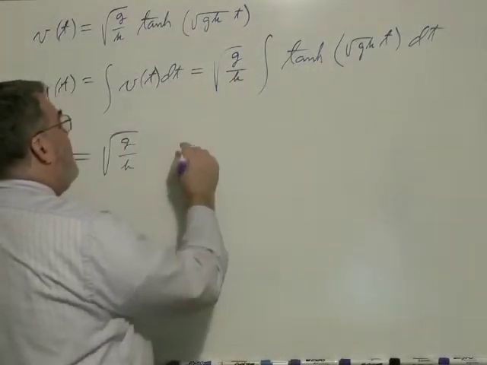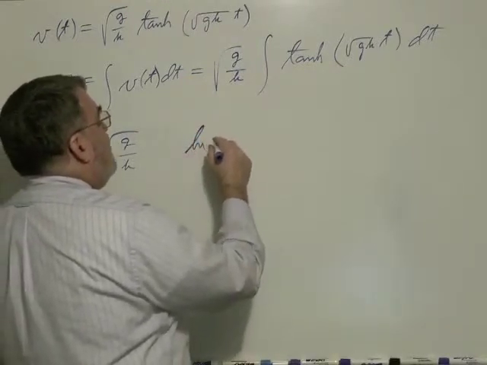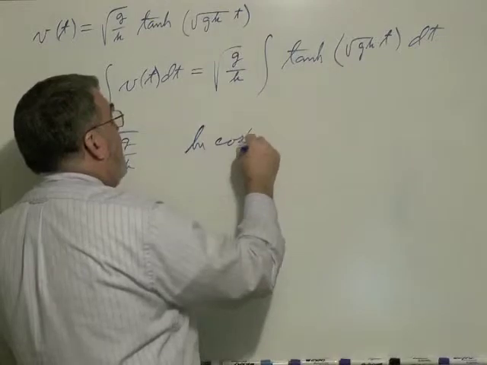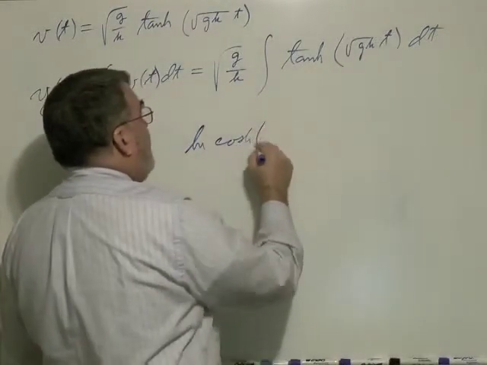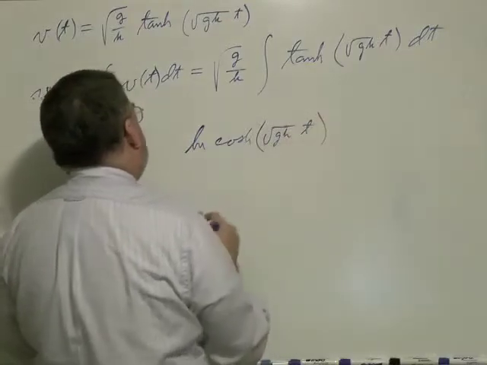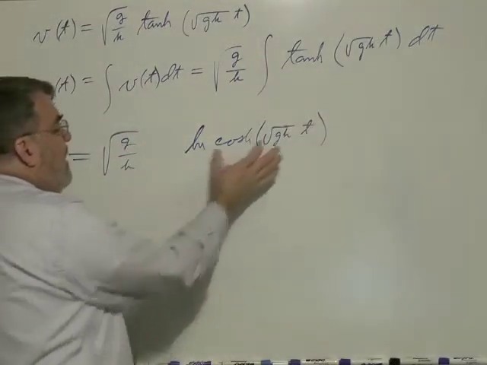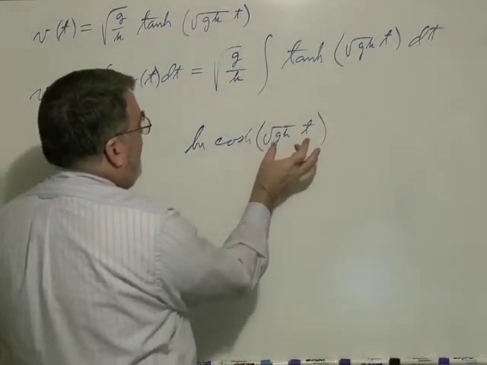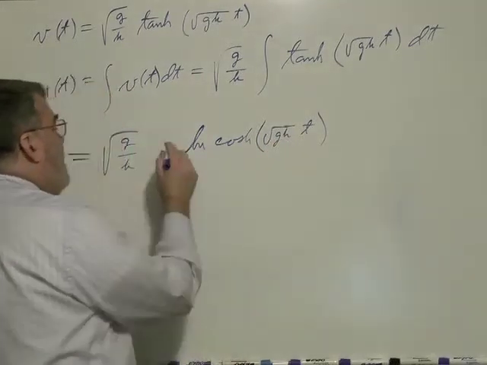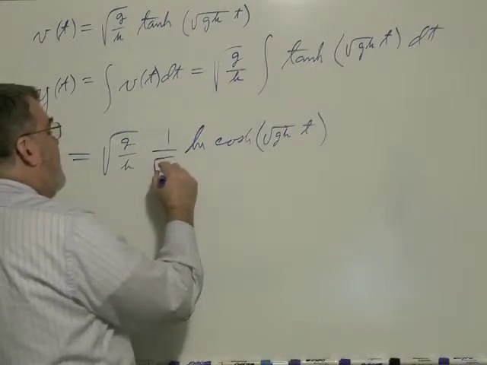I'm going to leave a space here for a constant. So I have natural log of the cosh of this argument, square root of gk times t. And when I take this derivative, the chain rule is going to give me a multiplication of square root of gk. So to get that to cancel, I have to multiply by 1 over the square root of gk.